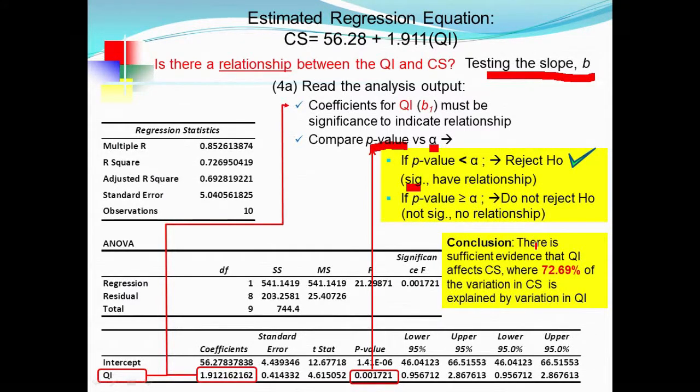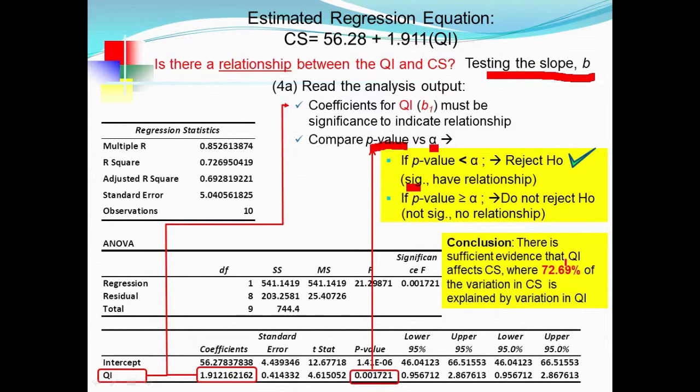The conclusion is that there is sufficient evidence that quality inspection affects customer satisfaction, where we want to stress how strong the relationship is. We stress this by mentioning that 72.69% of the variance in customer satisfaction is explained by variation in quality inspection.